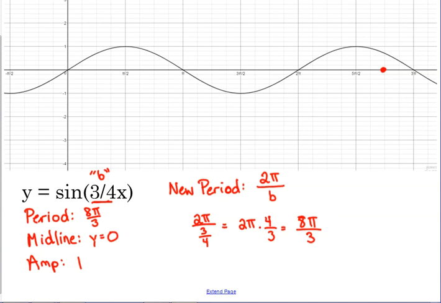Now, it does still stay symmetrical, so halfway through that, we would hit our minimum. So I can kind of break this up into quarters and sketch it out. That one should be over a little bit more. I can still sketch what should happen.